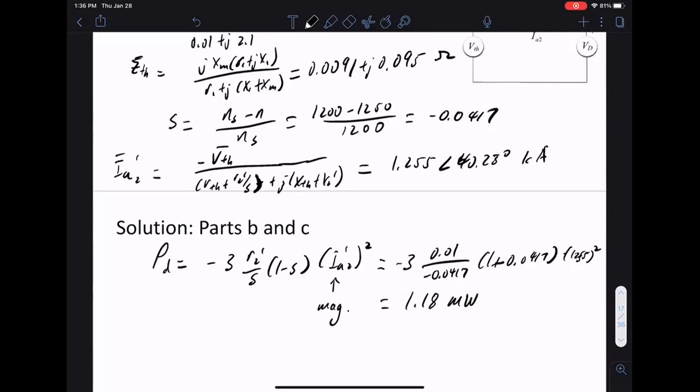So that's one thing to be careful about. When you square this in your calculator, make sure to square the magnitude. Don't square the complex number, otherwise you'll have an imaginary part, and that will be graded very harshly, because you should be able to recognize you did something wrong. If you forget to divide by root 3, the answer would not seem obviously wrong; it would just be some answer that's root 3 times different.